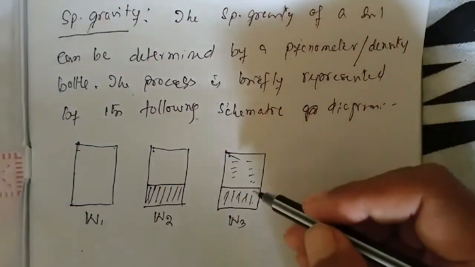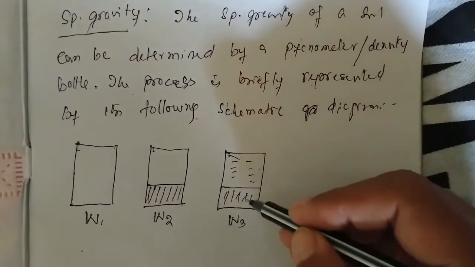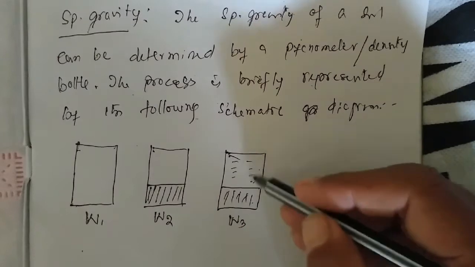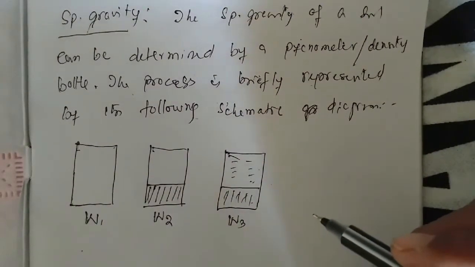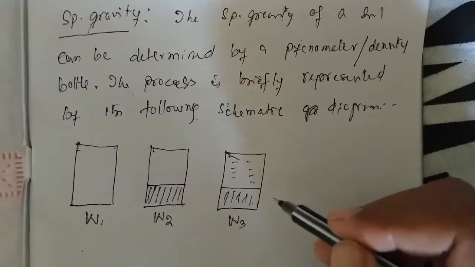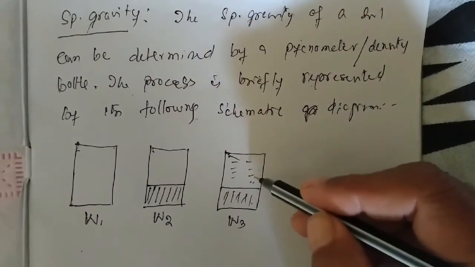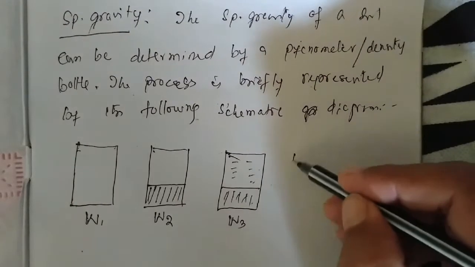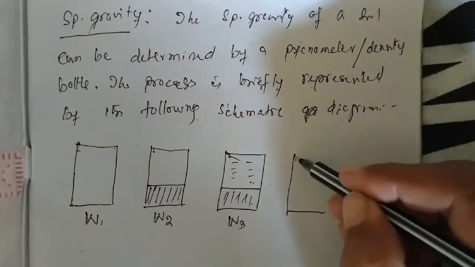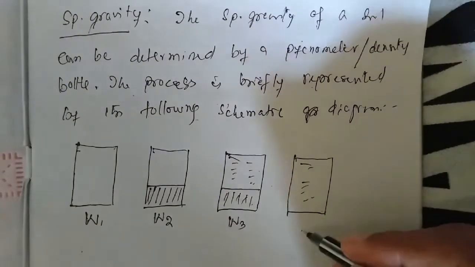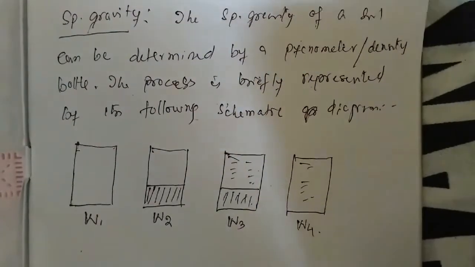Mind it, in W3, the same bottle containing soil is filled with water and the total weight is W3. Last and finally, empty the bottle, remove all the water and soil from the bottle and fill the bottle only with water. Let the weight be W4.